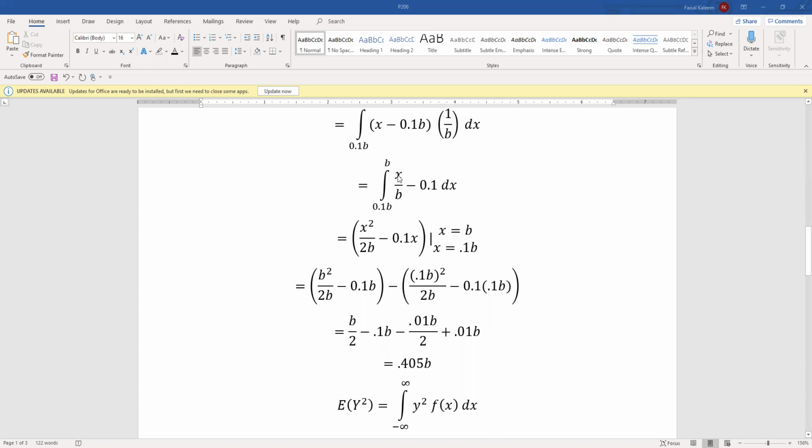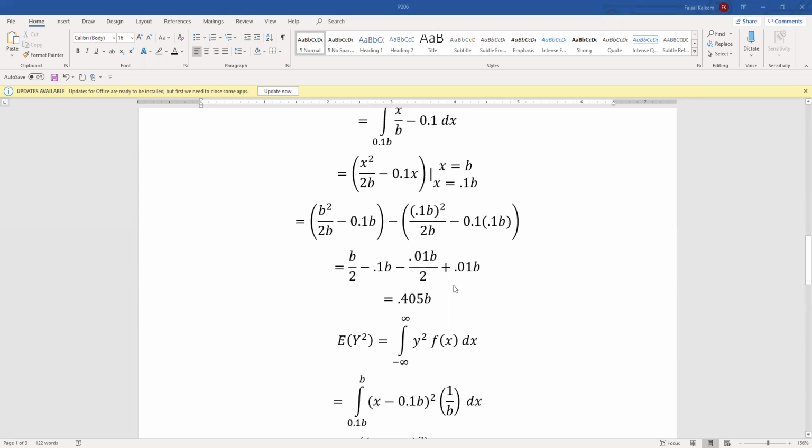And the integral of this is X squared by 2B minus 0.1X. And when you substitute X equals B, you get B squared over 2B minus 0.1B. And when you substitute X equals 0.1B, you get (0.1B) squared over 2B minus 0.1 times 0.1B. And now this is B by 2. This is 0.1B.